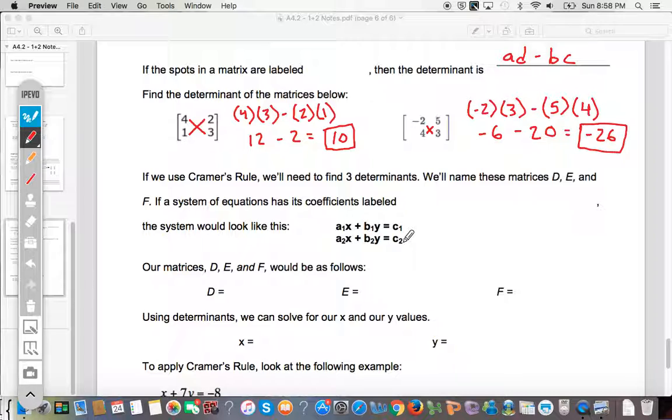Okay? So it turns out that matrix D would be A1, A2, B1, B2. Okay? And E would be C1, C2, B1, B2.